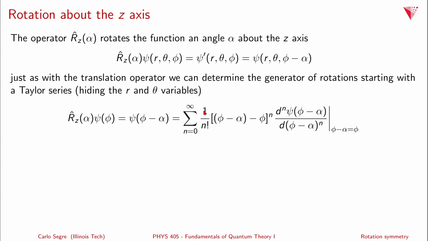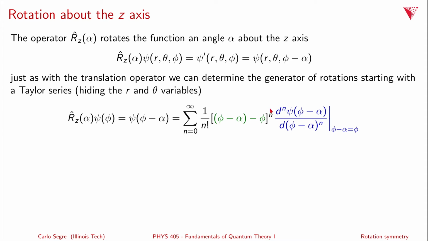But we can expand that in a Taylor series as a sum from n equals 0 to infinity of 1 over n factorial, phi minus alpha minus phi, all to the nth power, and then the nth derivative of psi of phi minus alpha with respect to phi minus alpha. And all that evaluated at phi minus alpha is equal to phi.